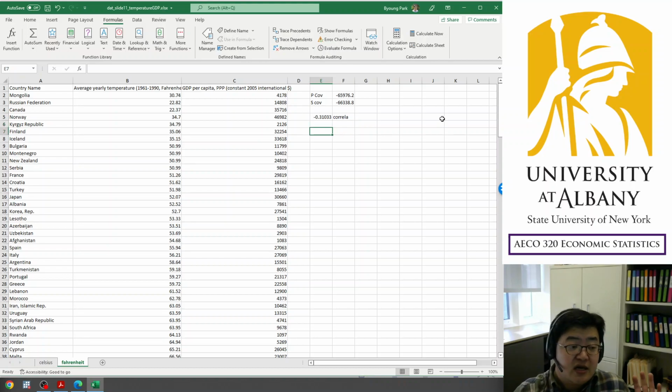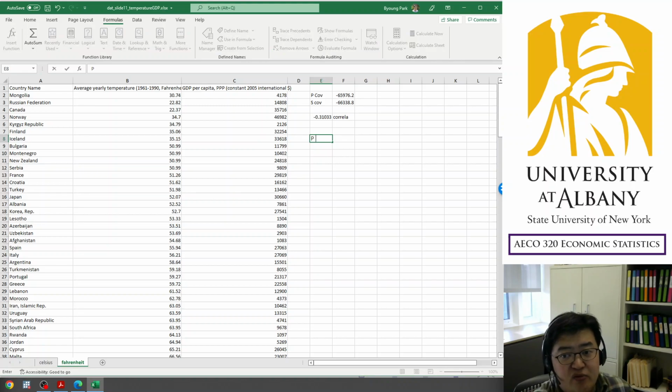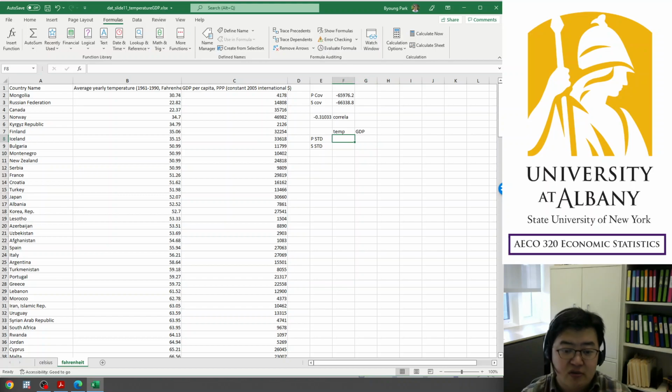Okay, just a checkup. If you want to check if this correlation coefficient is correctly calculated, I will calculate standard deviations. I will calculate population standard deviation and sample standard deviation for temperature and for GDP per capita, right? So let me calculate the standard deviations.